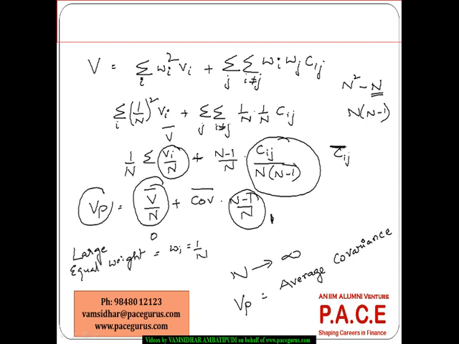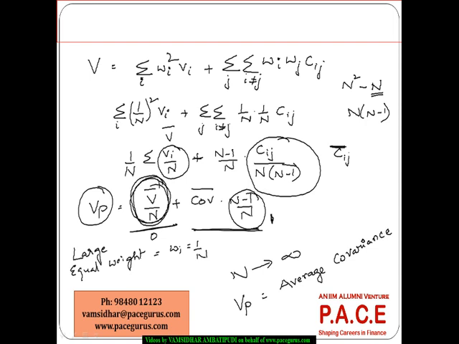If I look at this as the total risk, this is the contribution by the individual securities, and this is contributed by the covariance term. Whatever is the contribution of the individual variances is getting diversified away, but whatever is contributed by the correlation or covariance between the securities, that portion of the risk is not getting diversified.